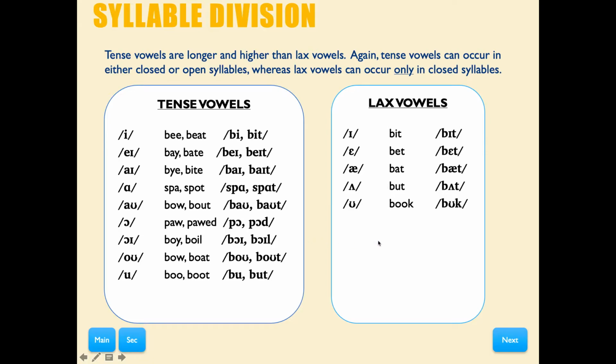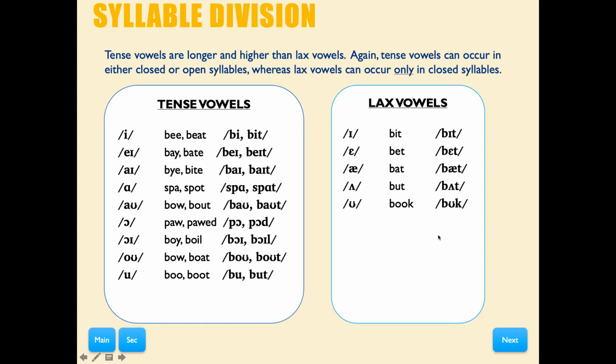And the same goes with the rest of the vowels here. On the other panel, we have the five lax vowels in English. And as you can see in the examples, bit, bet, bat, but, book, all of them are closed by a consonant. These lax vowels occur in closed syllables.